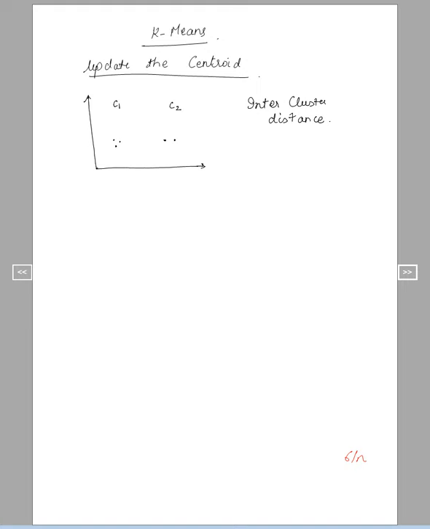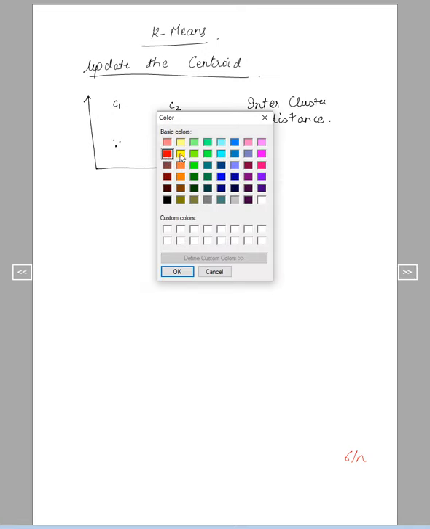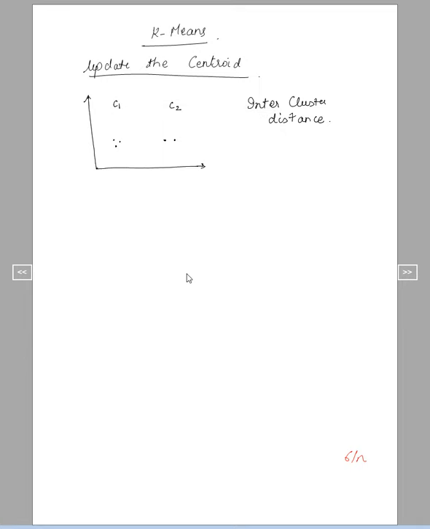What do we mean by inter-cluster distance? From cluster C1, we compute the distance to all the points. And similarly, we do the same thing for cluster 2.